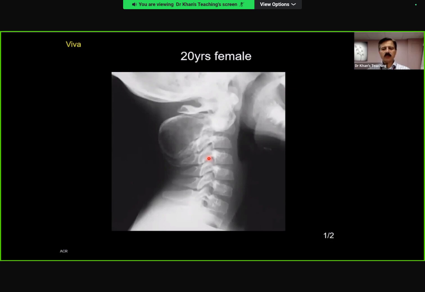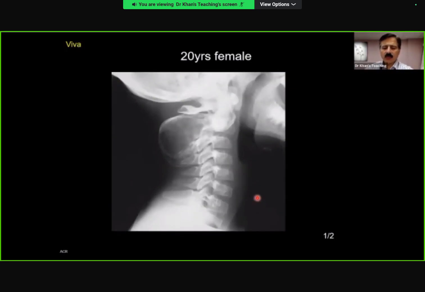So what is your differential? So my differential would still include an osteoblastoma. Could also be an ABC, although yeah, that's fine. So you can mute yourself.